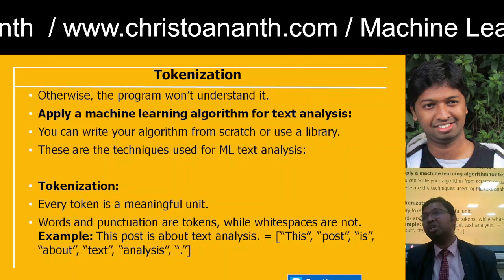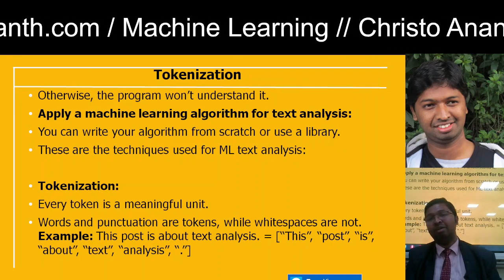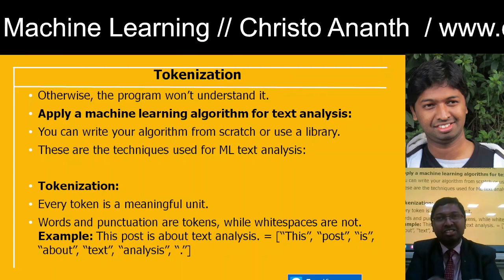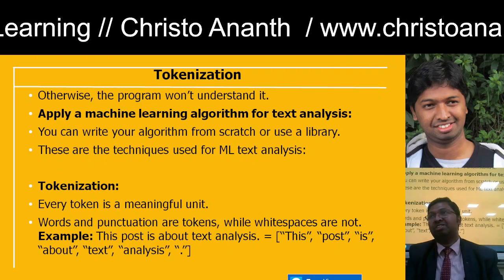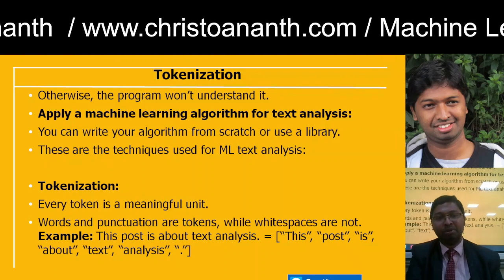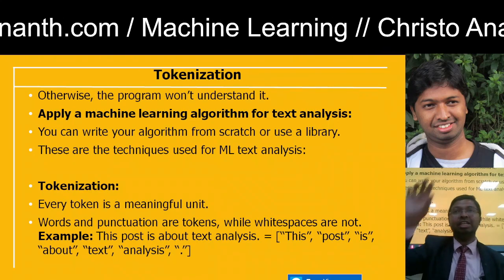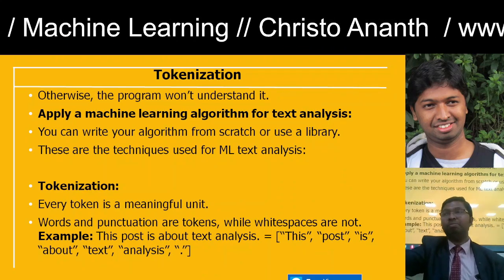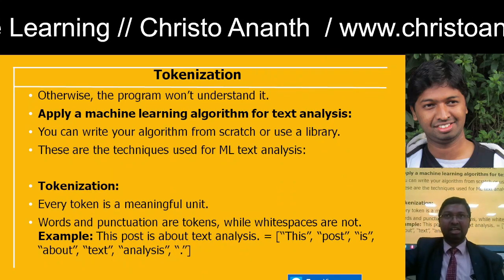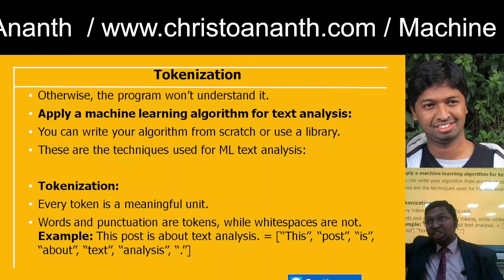Words or punctuations are considered to be tokens, but white spaces, like a space you are pressing, not. So maybe we'll have text. This example, this post is about text analysis. You see the tokens: this, post, is, about, text, analysis, dot.